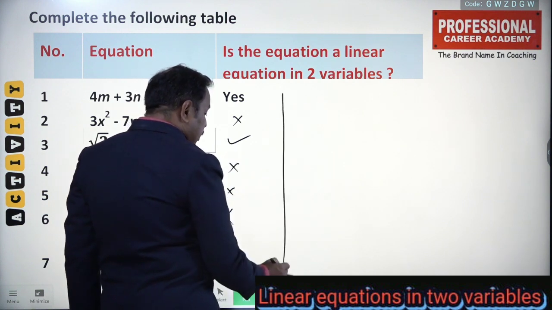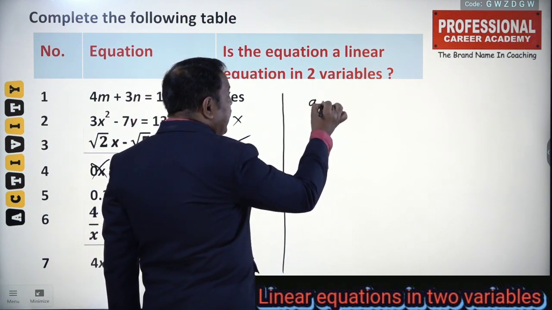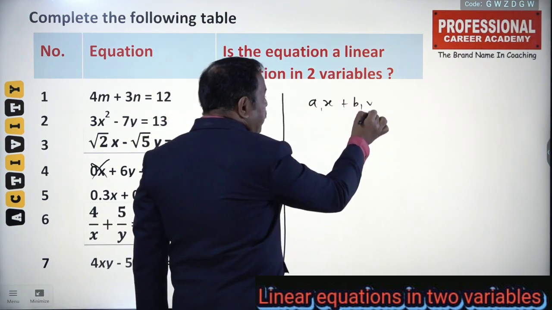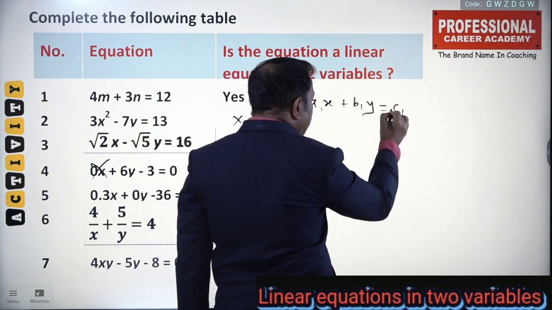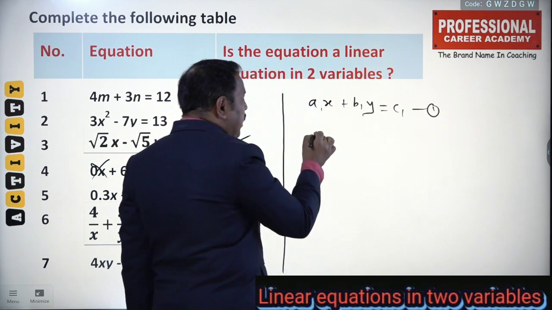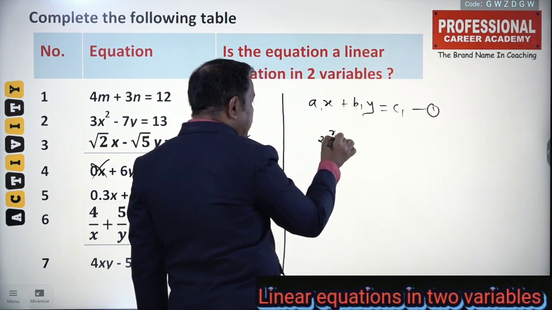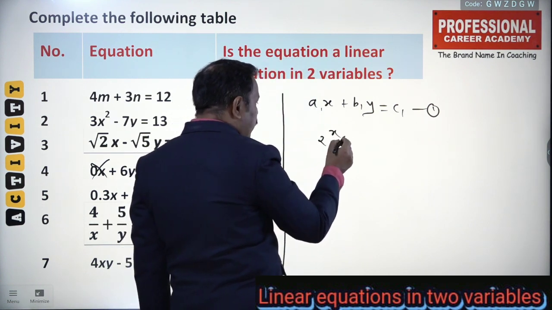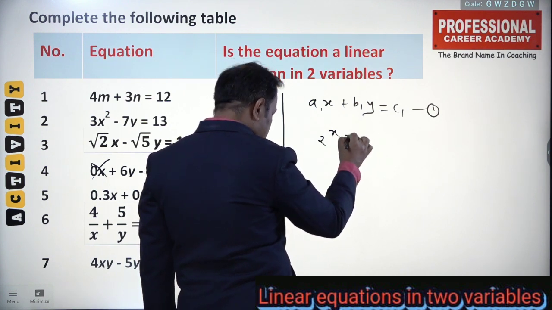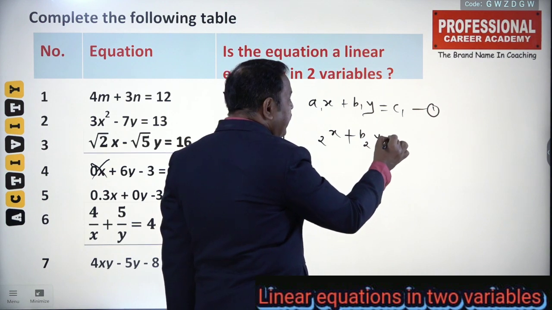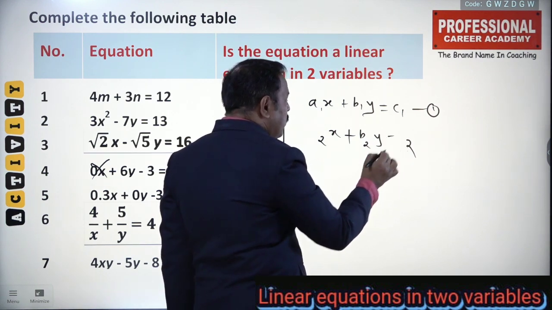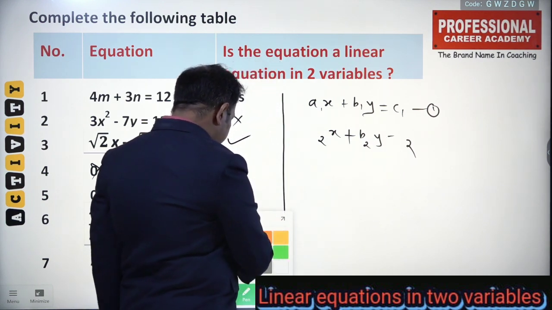For example, the first equation is a1x plus b1y is equal to c1. This is equation number 1. And if we take another one, a2x plus b2y is equal to c2.